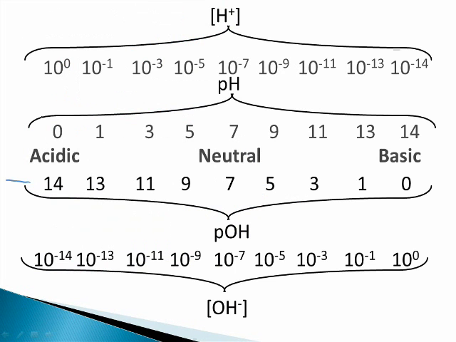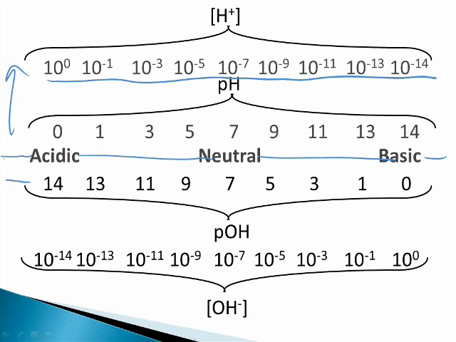Interesting. So the pH scale is up here on top. If we look at the concentrations of hydrogen ions, here we have the higher concentrations, and here we have the much lower concentrations. The higher concentrations have the lower pH, and the lower concentrations have the higher pH. Now it's the same with the pOH scale.